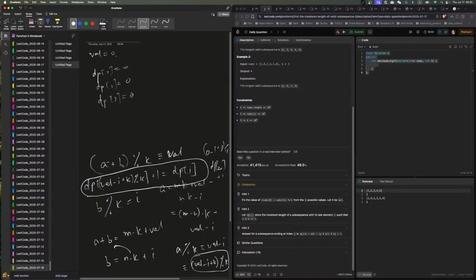Do we do that? Everybody is 0 at the beginning because the first 2 numbers, the sum mod is not 0, it's 2.